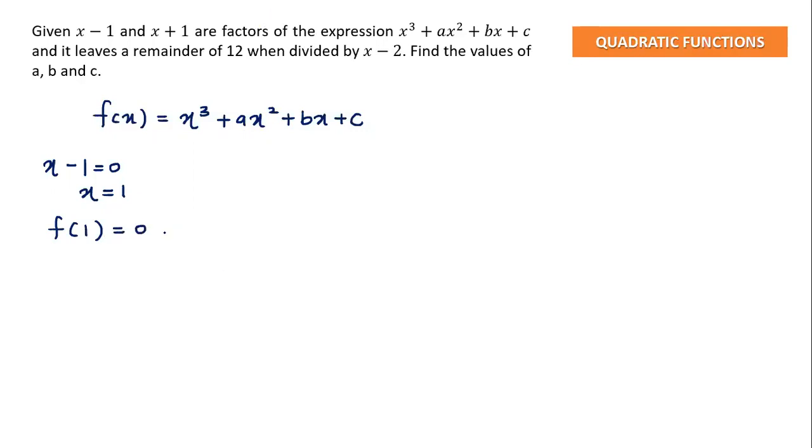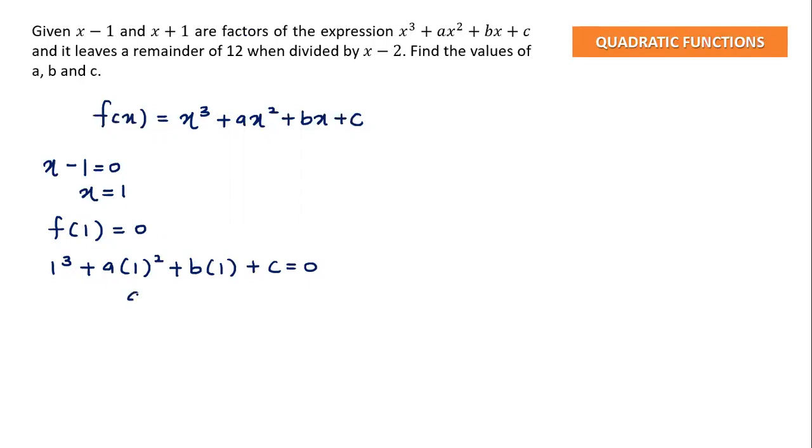Understand? Slowly. Now I'm going to substitute every x with 1. It's going to be 1 cubed plus a times 1 squared plus b times 1 plus c equals 0. After that, I can simplify the whole thing.